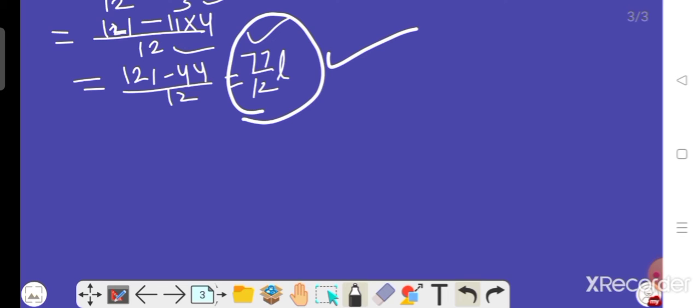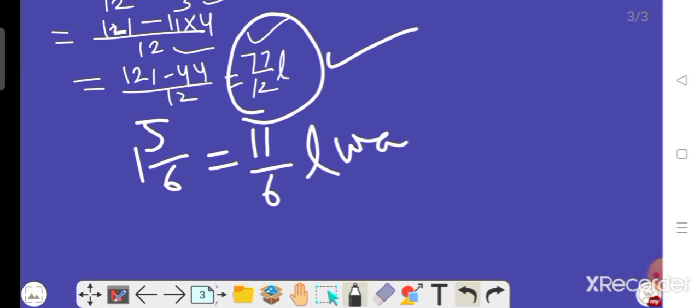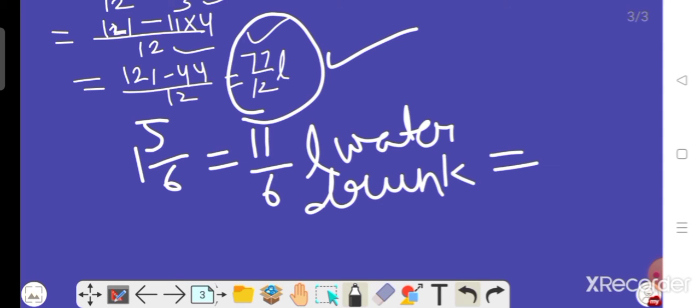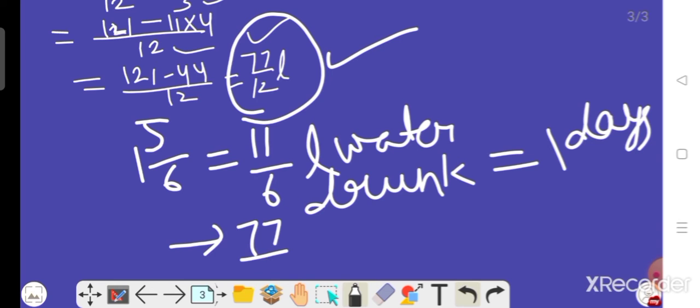So how can we calculate this? 1 5/6, that is equal to 11/6 liters of water, is drunk in 1 day.